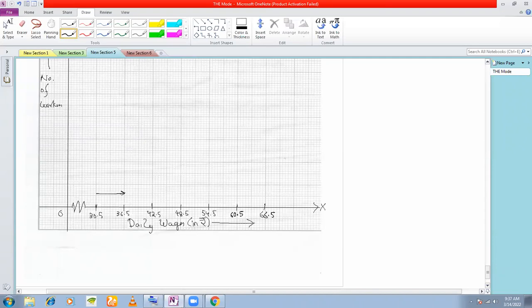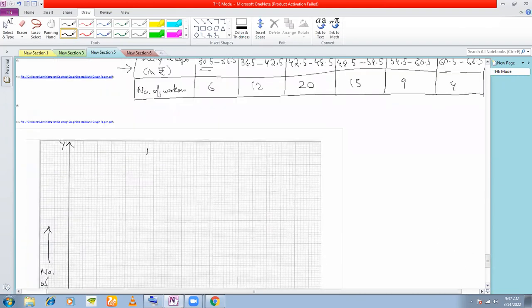If you see here you have 10 divisions, right? And what is 36.5 minus 30? Right? So that means 10 divisions is equal to 6.5. That means what is one division? 0.65 unit, right? So we'll write the scale along x-axis. One smallest division is equal to 0.65 unit.